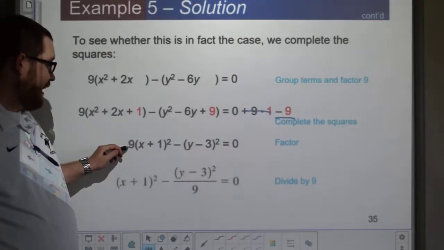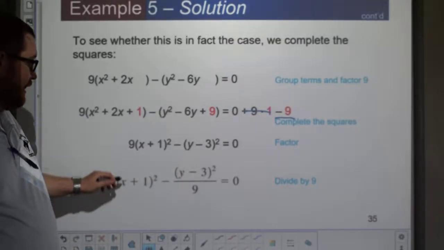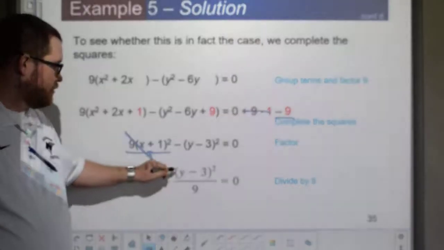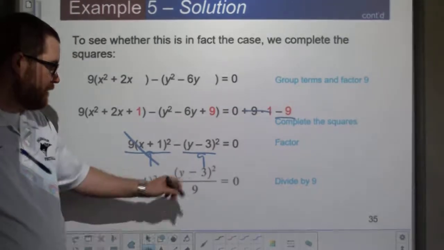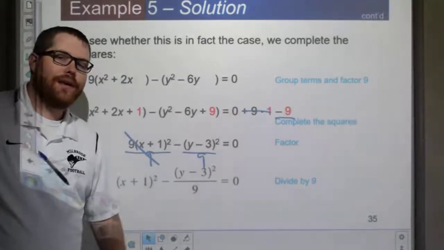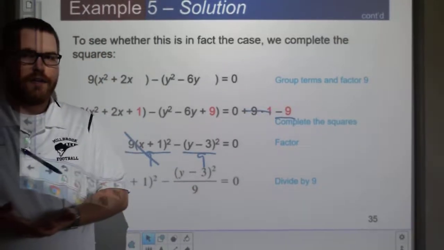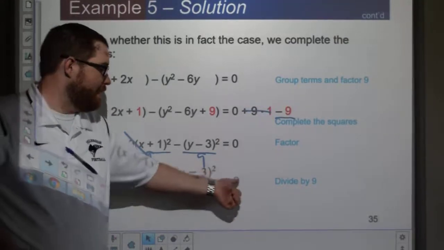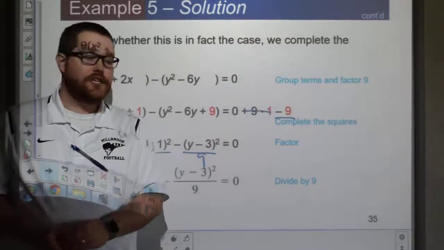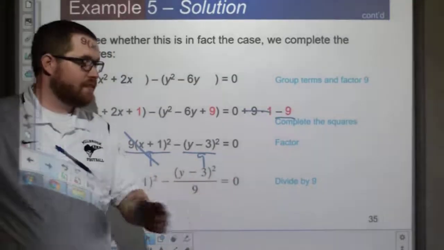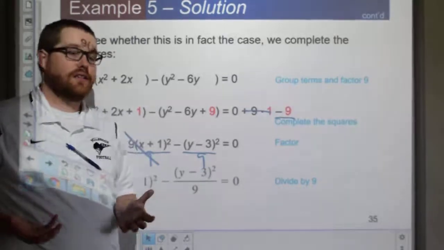I can't have the 9 here, so I divide everything by 9. If I divide that by 9, these will cancel. If I divide that by 9, the 9 goes on the bottom, and it's equal to 0. But wait a minute. It has to be equal to 1. I can't make this equal to 1. This might look like a hyperbola, but because this is not equal to 1, it's not a conic section at all.